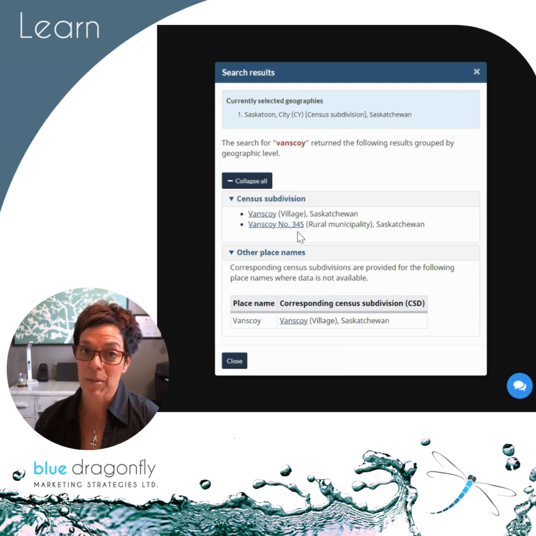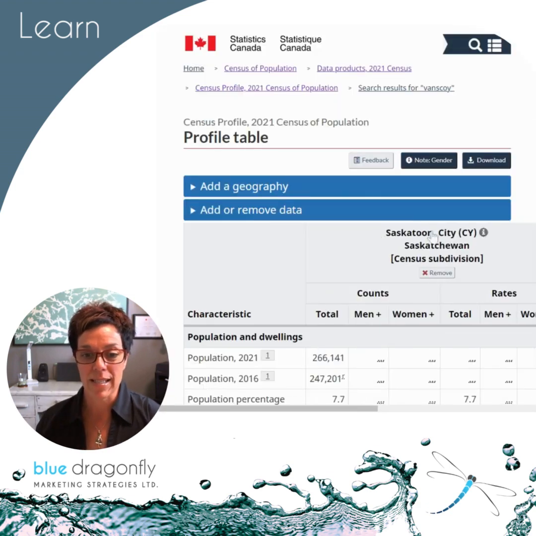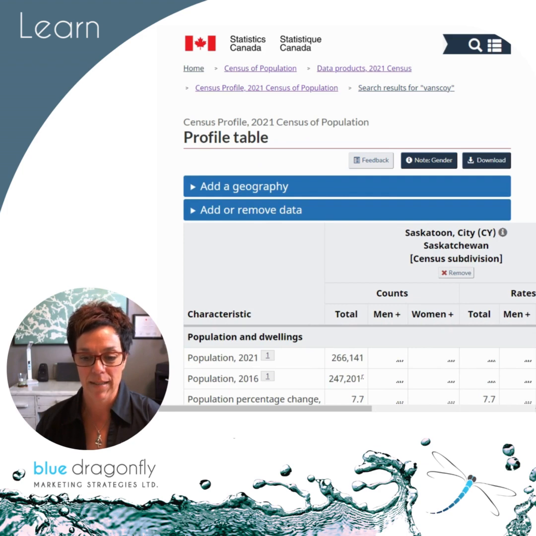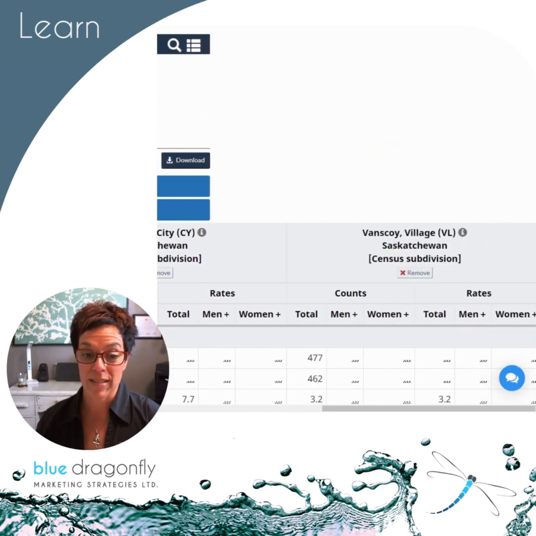So this could be valuable information as well. For this example, I'm just going to click on the village of Vanscoy. Now you can see Saskatoon is still showing here, but if I scroll over, Vanscoy is here as well. Now I can look to see what that information looks like there, and I can add several more communities in there.